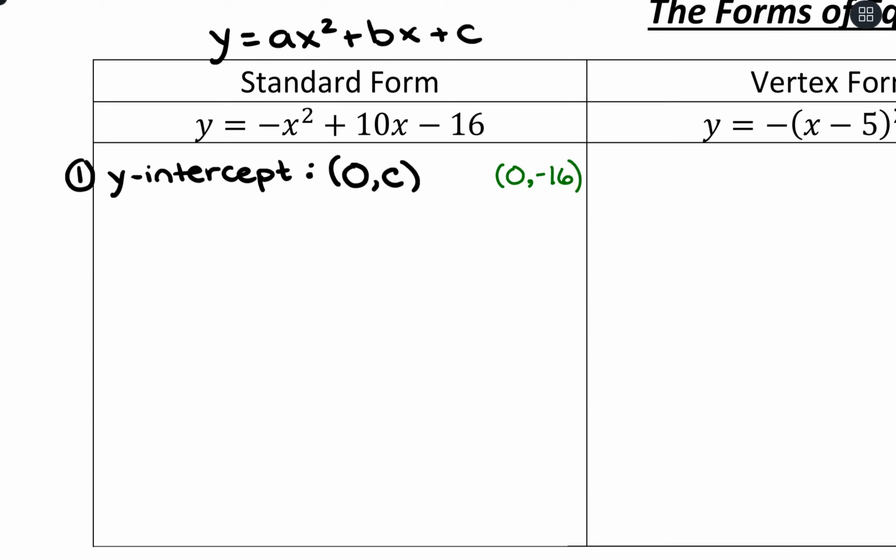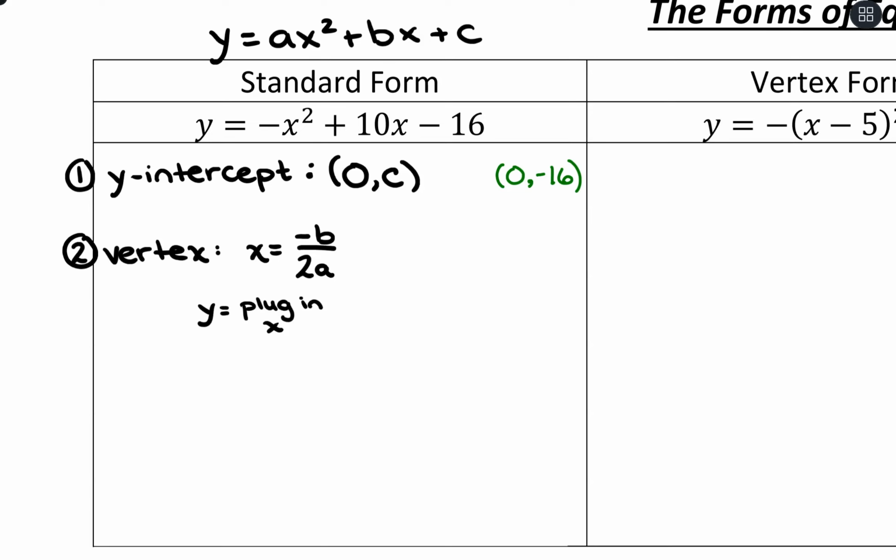From there, we have a bit of work to do. To find the vertex, that could be our next step. We use the formula we talked about in the last video, x equals negative b over 2a. Then to find the y-coordinate, you plug in that value for x that you found.